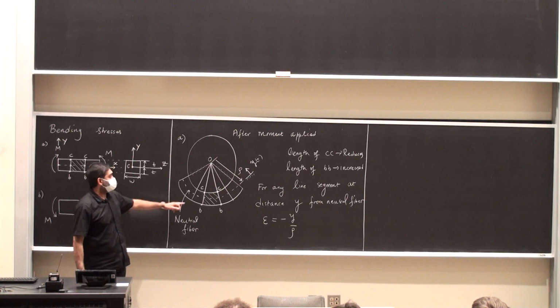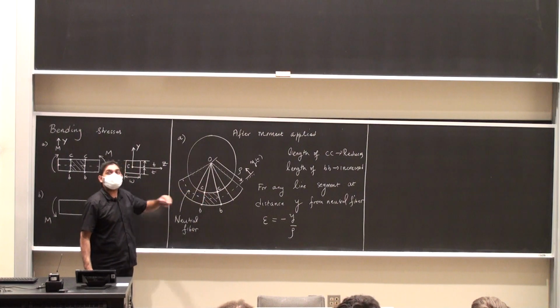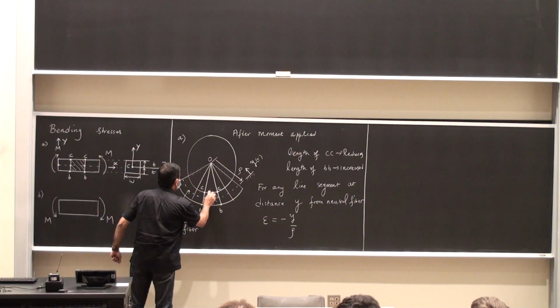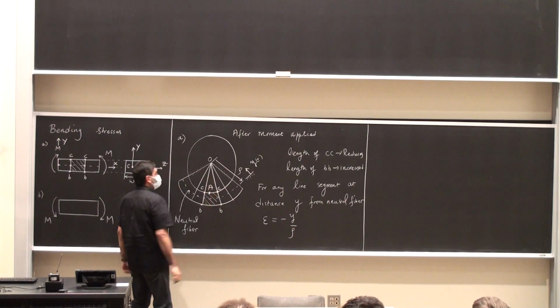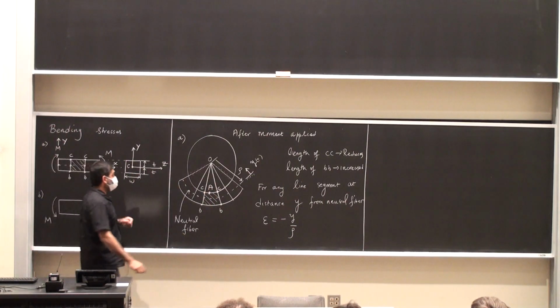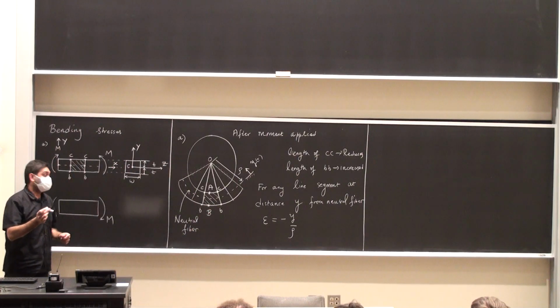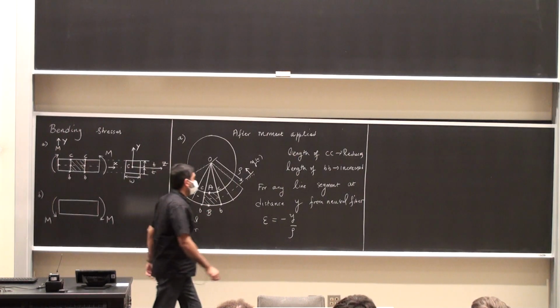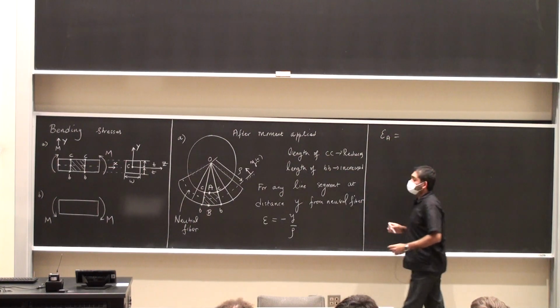Which means that the strain at any point on the line segment CC, so for example, if I choose this point, let's call that point A, then let's call this point B. The strain at point A is going to be what?